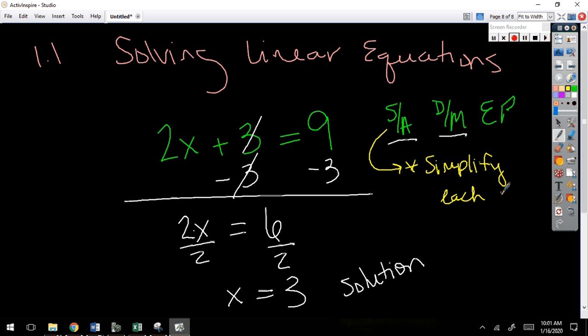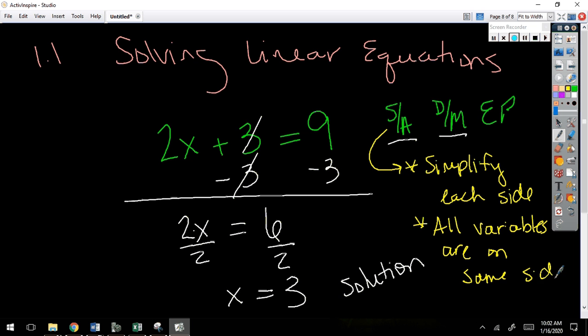If you have multiple variables, simplify each side and make sure all variables are on the same side. And then you can do your SADMAP too. Get your variable by itself.